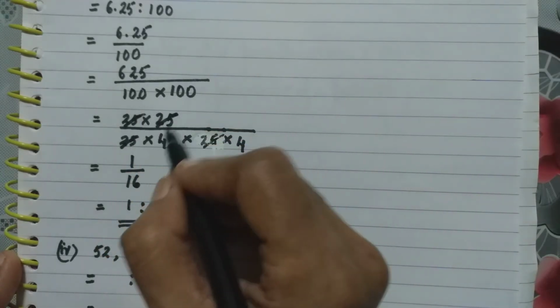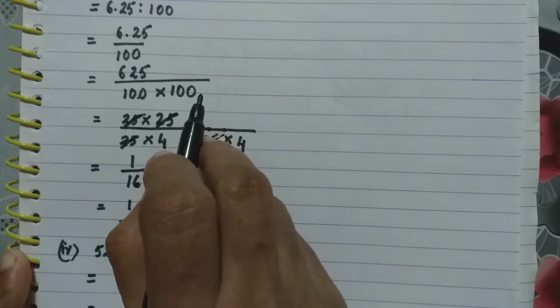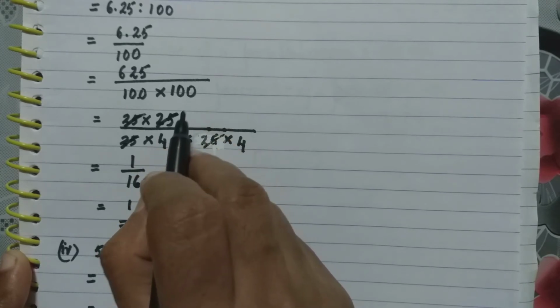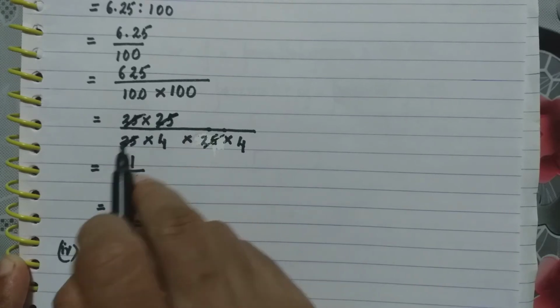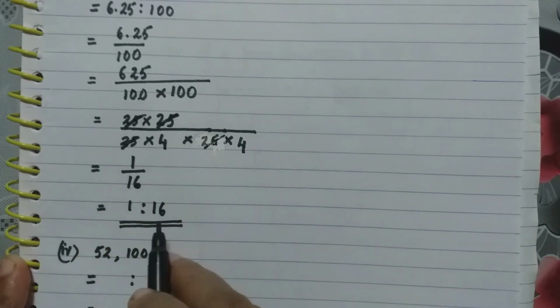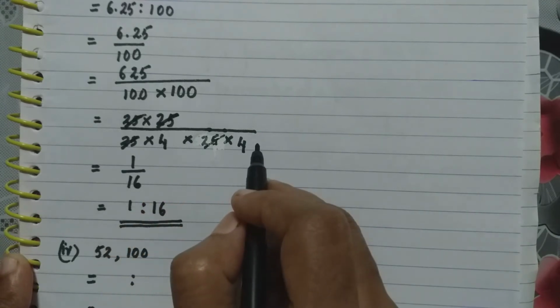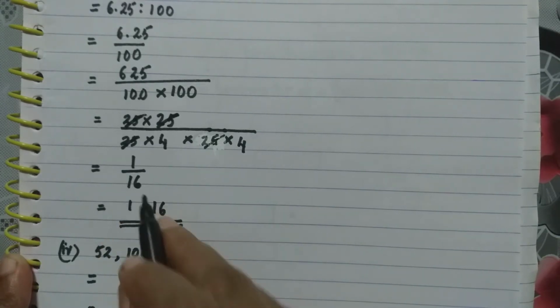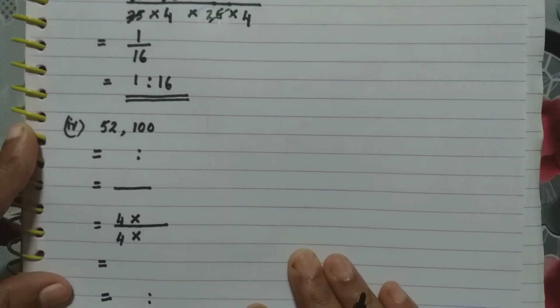Now here, though both the 25's cancel, do not assume that in the numerator we have 0. 25 goes in 25 once. Although we are cancelling, it means that it goes once. Therefore 1 remains in the numerator, and in the denominator 4 into 4 remains. Therefore we have 16, which is 1 is to 16.